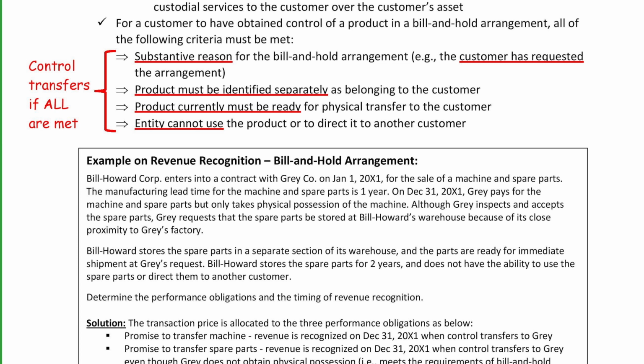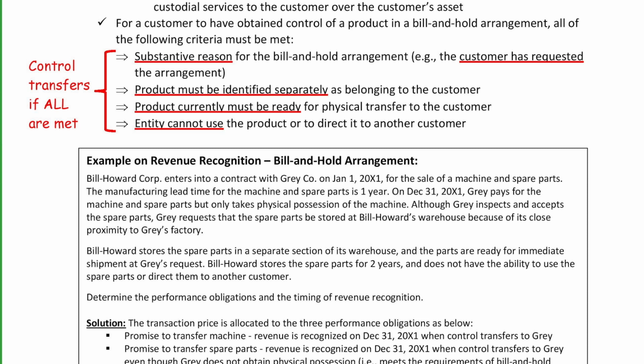Although Gray inspects and accepts the spare parts, Gray requests that the spare parts be stored at Bill Howard's warehouse because of its close proximity to Gray's factory. Bill Howard stores the spare parts in a separate section of its warehouse, and the parts are ready for immediate shipment at Gray's request.